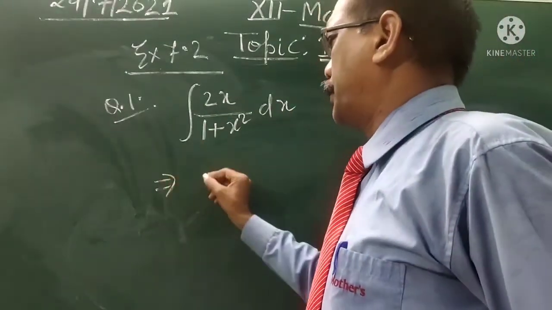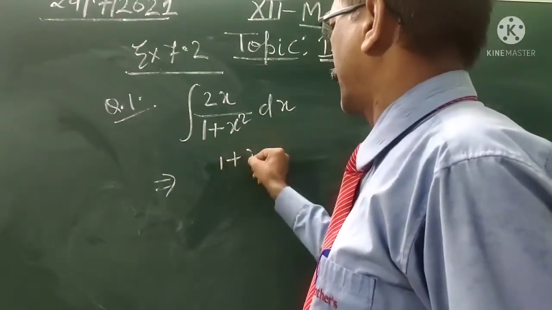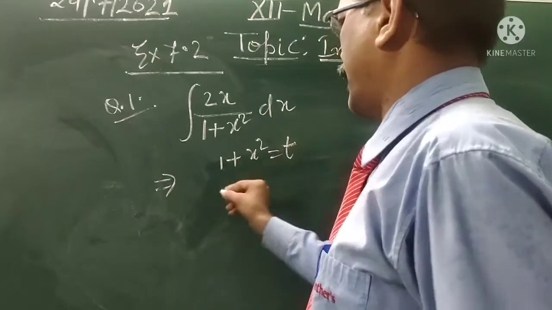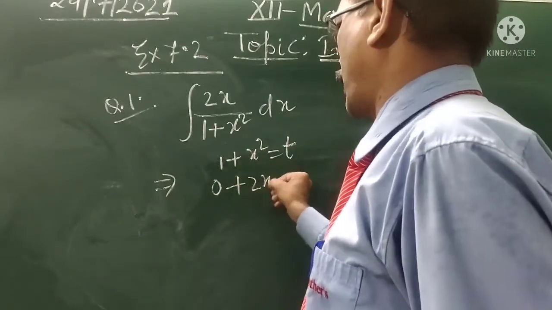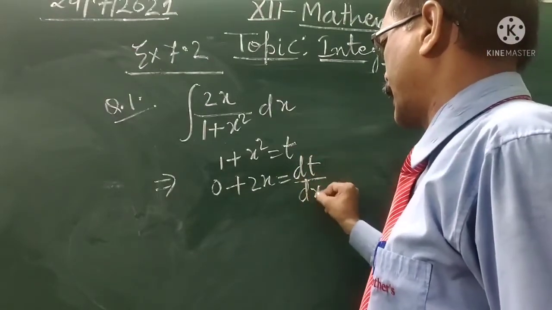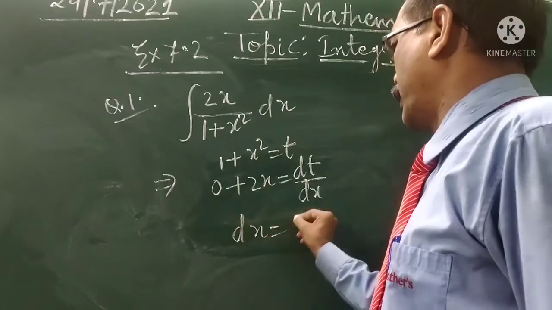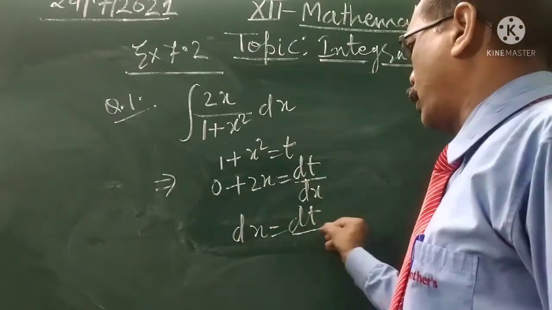Here we assume 1 plus x square is t. Then 0 plus 2x equals dt over dx. Then dx equals dt upon 2x.